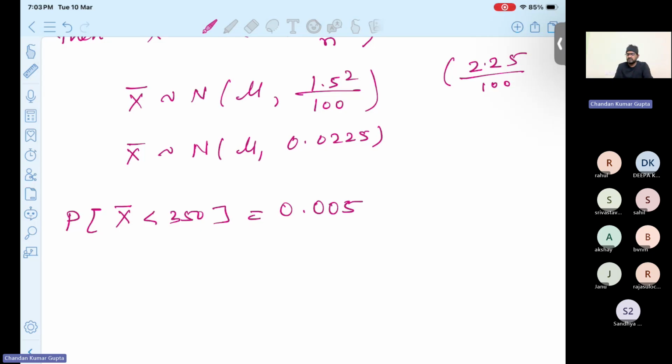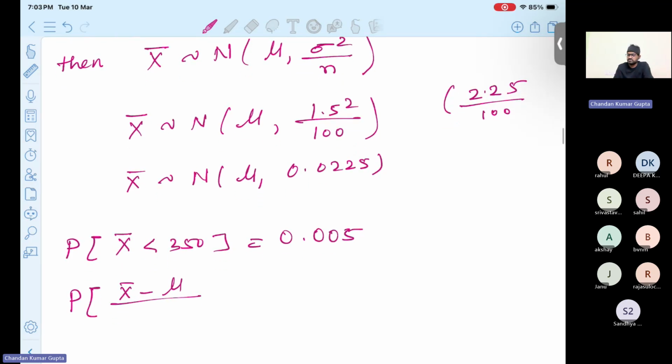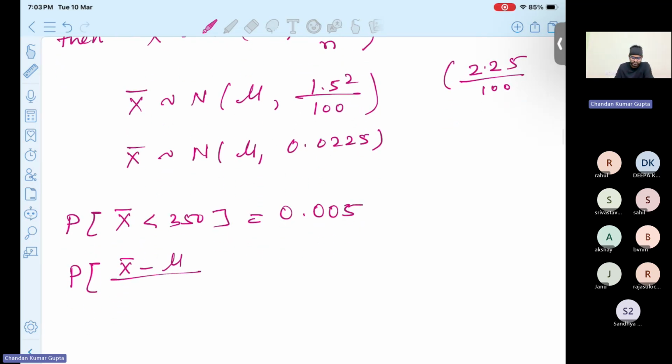Now we know that when we are dealing with normal distribution, we use the standardization process of the normal variate and then use the normal table. So what we can do, x bar minus mu upon sigma by root 10 actually. Okay, so sigma by root 10 is like 0.15 actually.